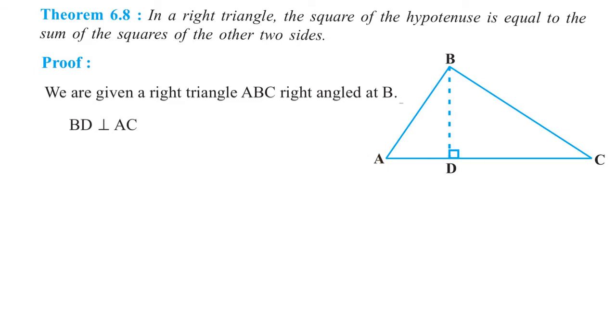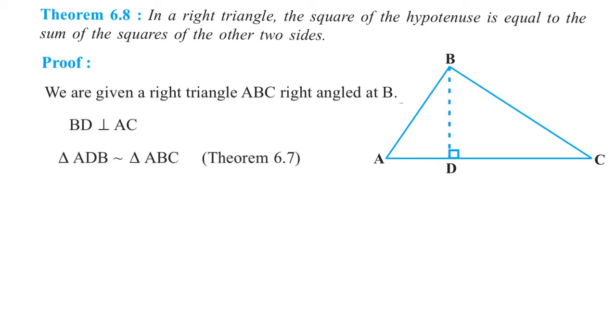Then in triangle ADB and triangle ABC, what can we say about these two triangles? This triangle and the big triangle ABC. Can we say that they are similar triangles? Because we learnt it just few moments ago. So triangle ADB is similar to triangle ABC. How? According to theorem 6.7.